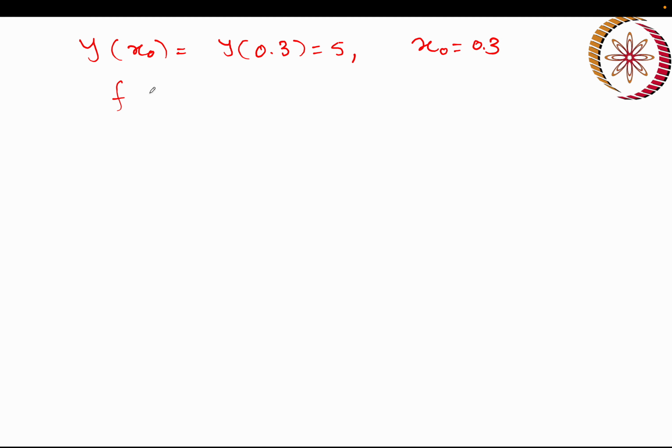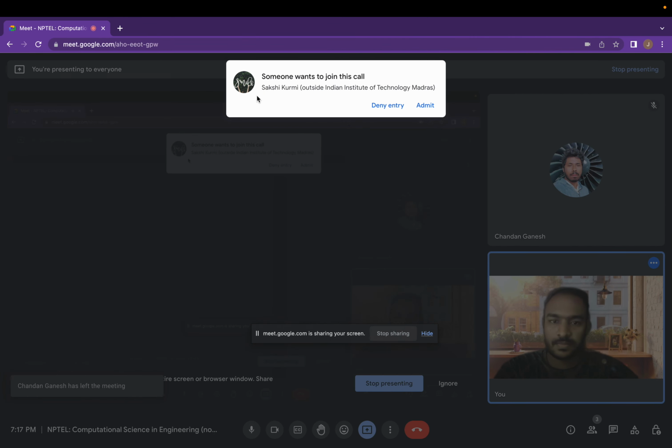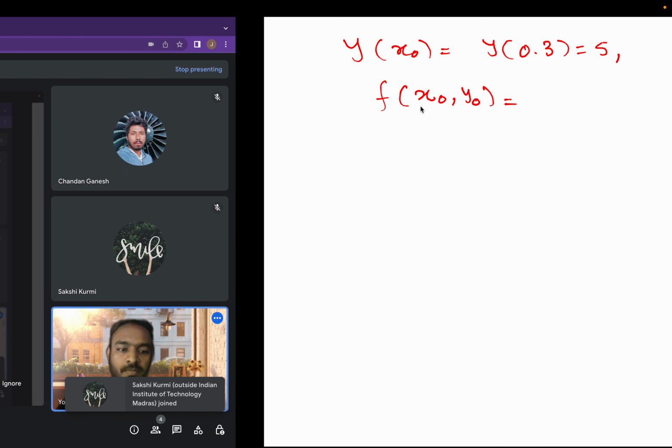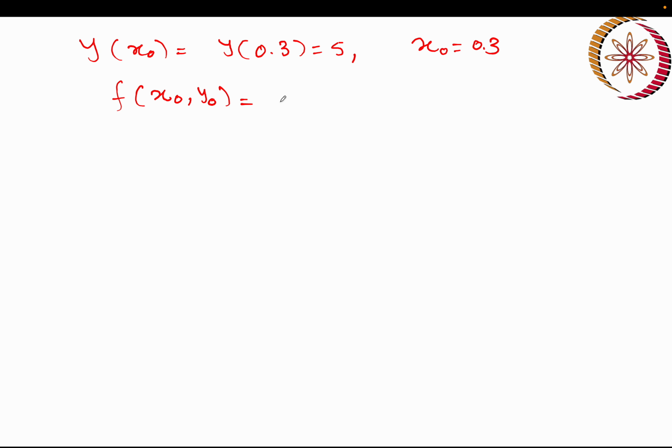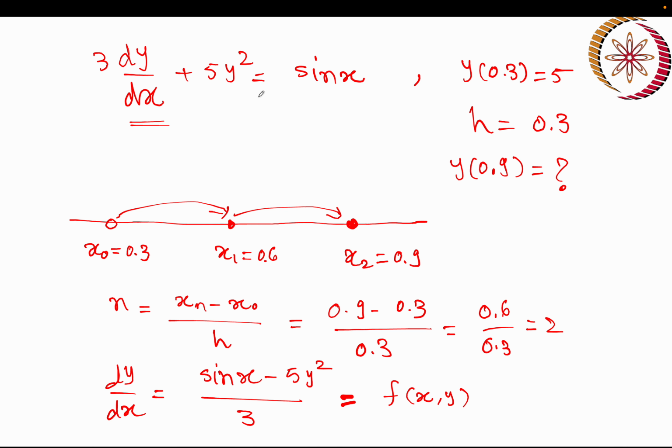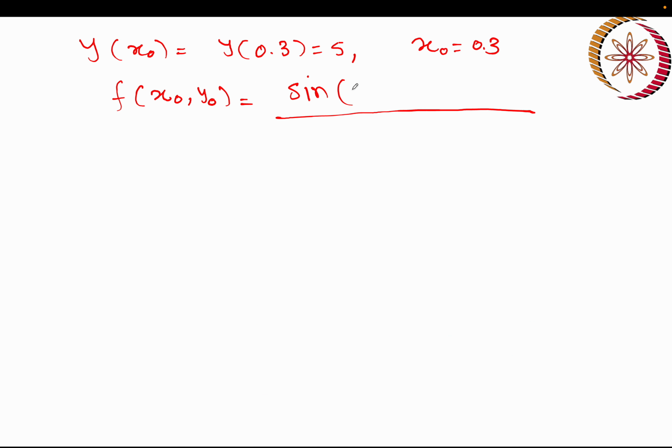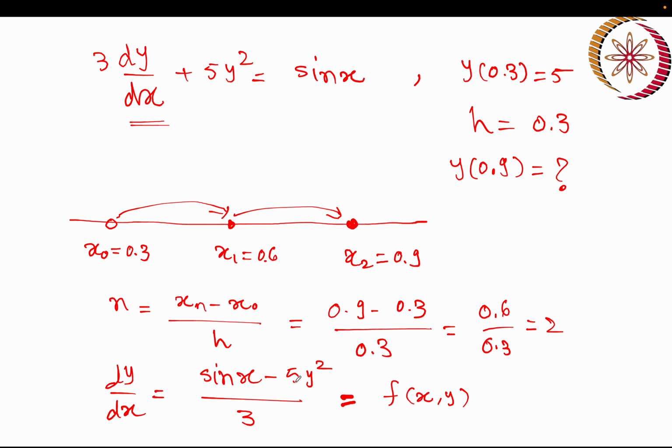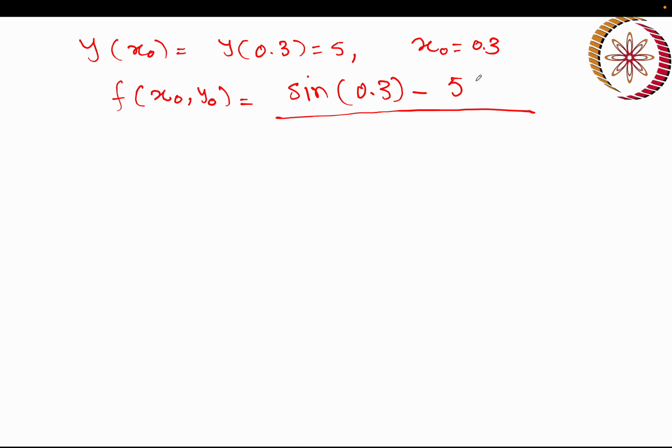So if we find f of x0, y0, it will be sine of x0, which is 0.3, minus 5 y0 square, where y0 is 5, divided by 3.